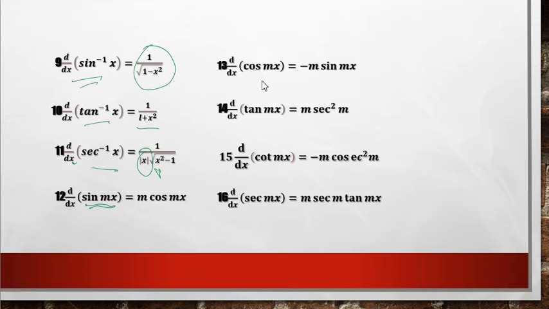m sec square mx. Now for cot mx, the value is minus m cosec square mx. Sorry, it will be mx. So just a second, it is mx.